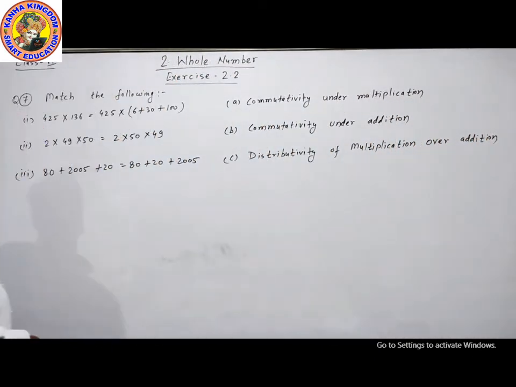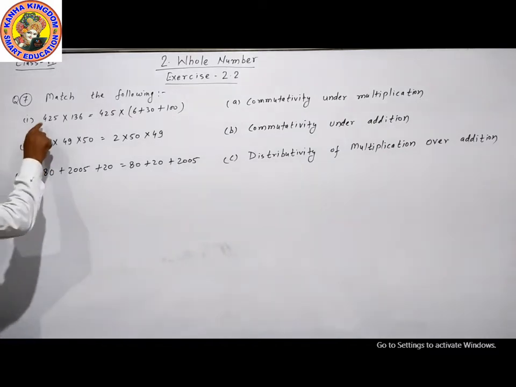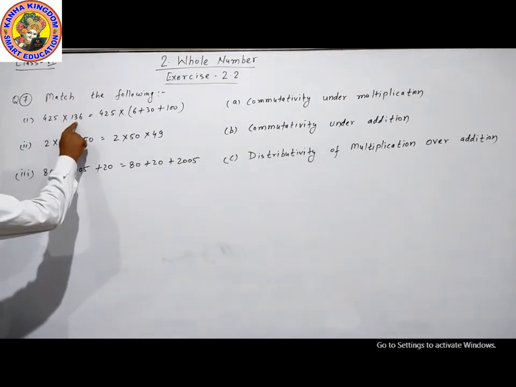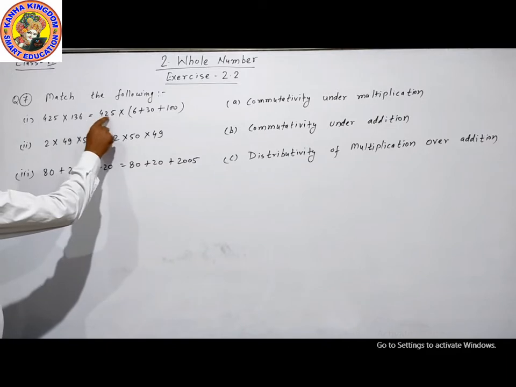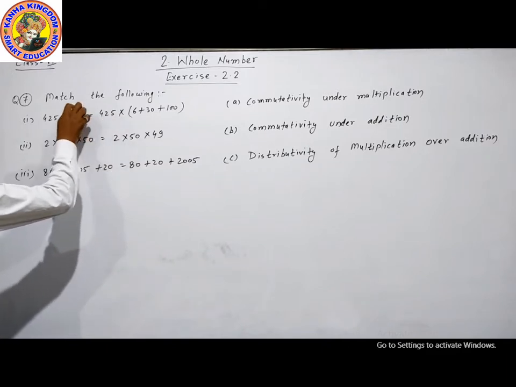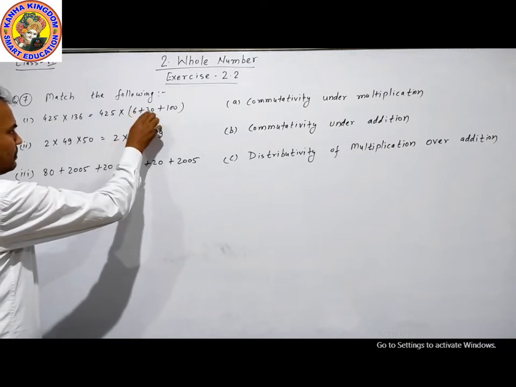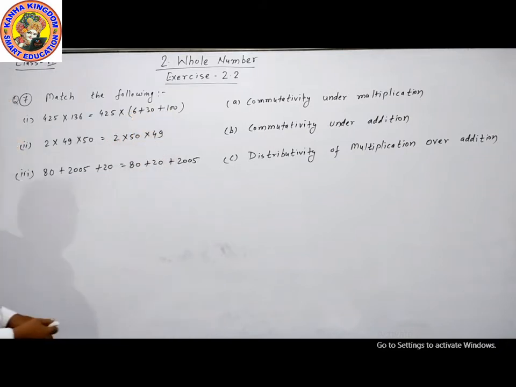Now our next question is question number 7. Match the following. First, 425 into 136 is equal to 425 into, we break 136 into 100 plus 30 plus 6.